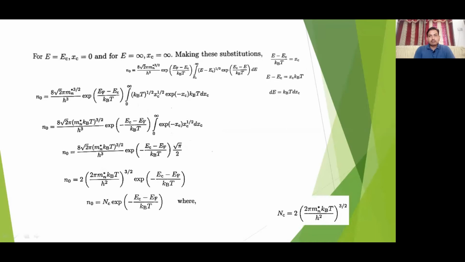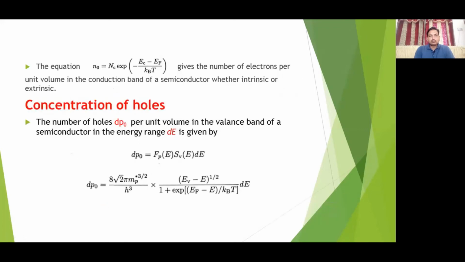Here NC is a common name for the terms written over there. NC is equal to 2 into (2 pi m KBT over h square) whole power 3 by 2. This N naught gives you the concentration of electrons at any given time. If you see this, you have two terms: one is this exponential part and the other is NC.